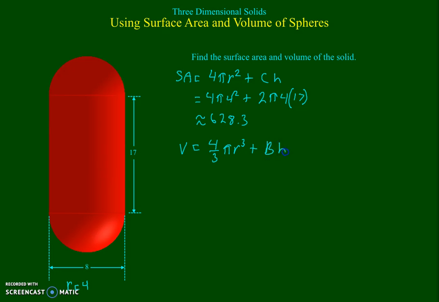Let's just go ahead and put these values in. Area of the base is a circle, so that's pi 4 squared. Height again is 17.